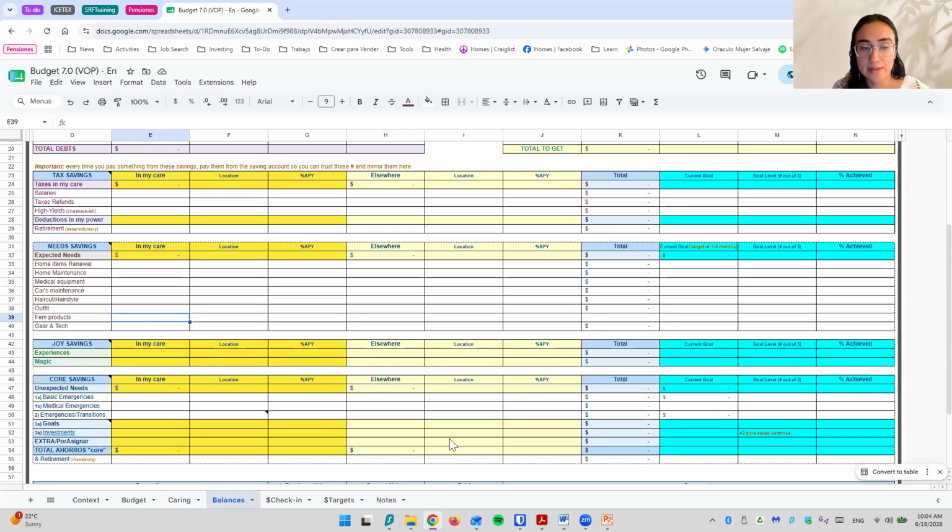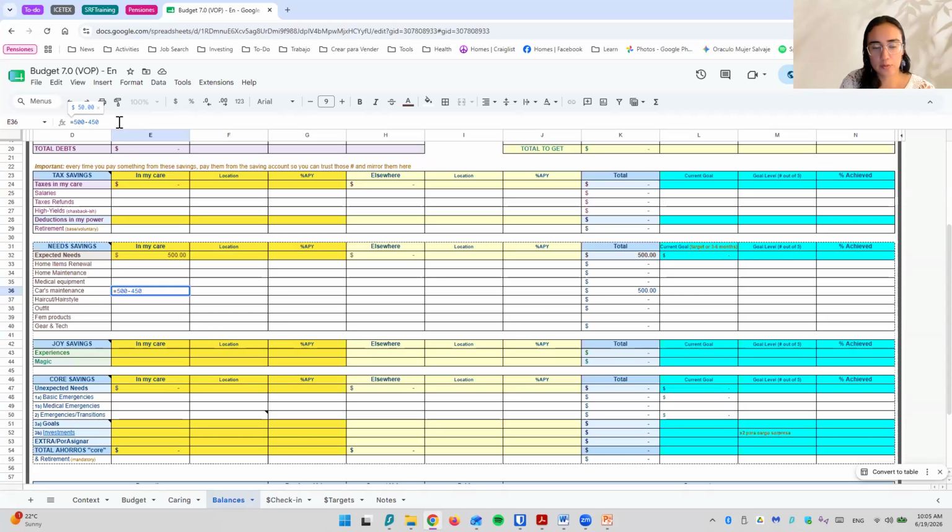So the reminder that is important here is if you put money for saving for a future need, when you pay that future need, you should come to these balances and remove them. Like if I saved, I don't know, 500 for car maintenance, and then I had to spend 450, then of course I need to take that from the bank account where I was putting my savings to pay for that.